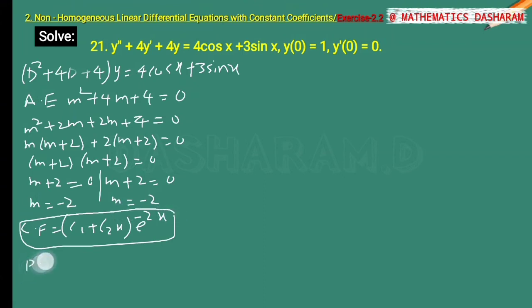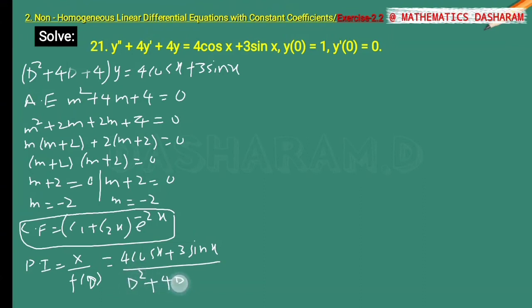Now the particular integral is X divided by f of D. So the X value is 4 cos x plus 3 sin x divided by f of D, which is D square plus 4D plus 4.